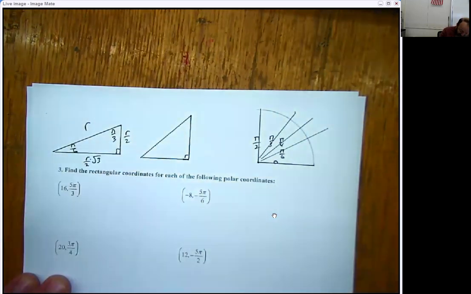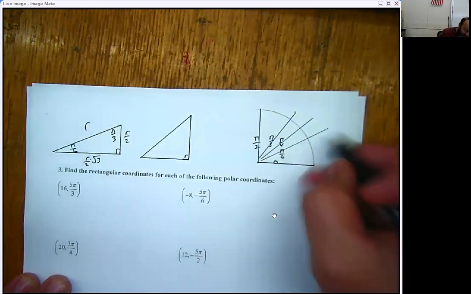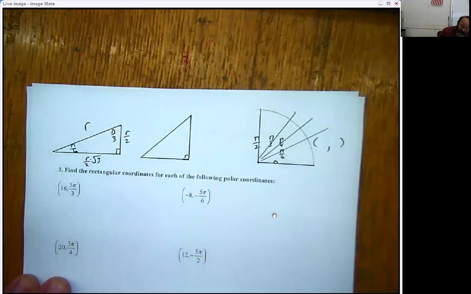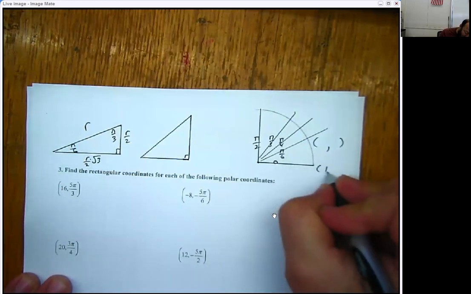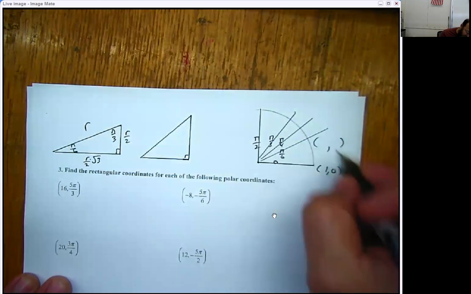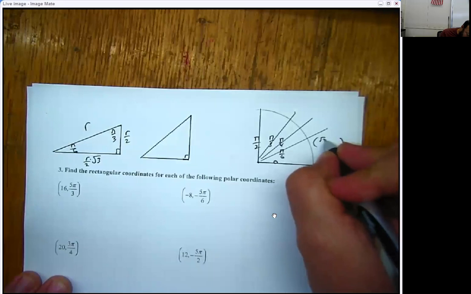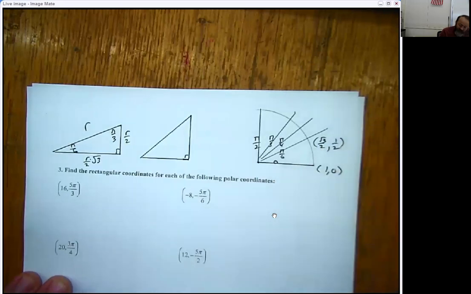And what that leads us to know then is that if this is the unit circle, then this coordinate right here, remember this one was 1, 0, then that means that this one right here is root 3 over 2, 1/2.